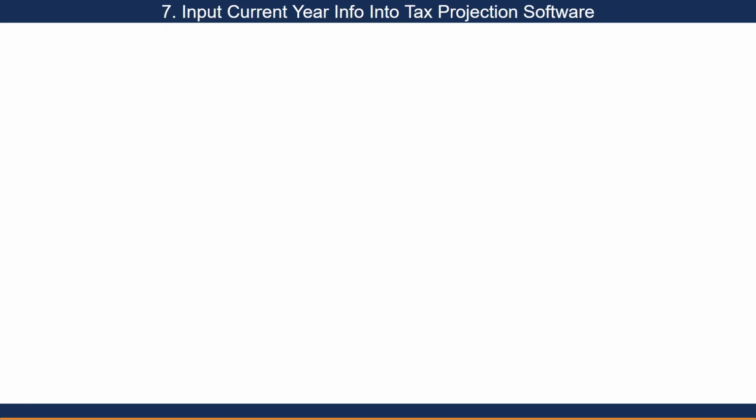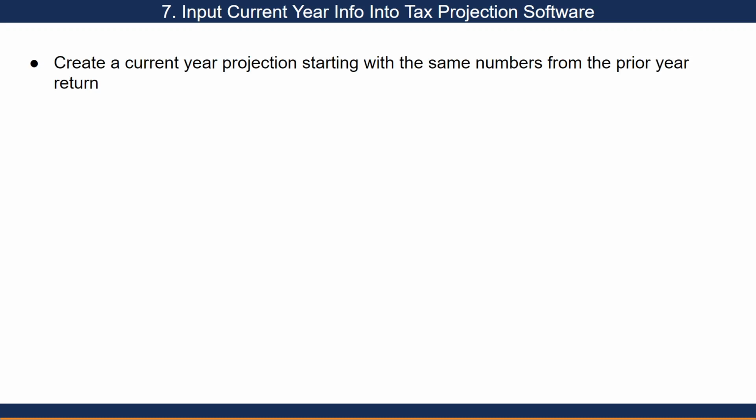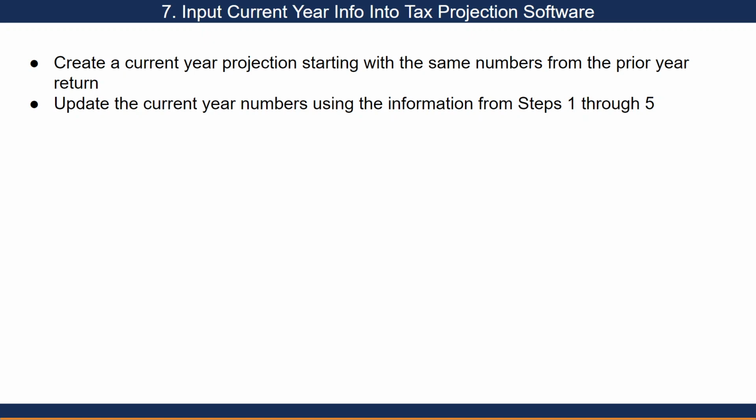And then once you have a good, solid prior year, you input the current year info into the tax projection software. So we create a current year projection starting with the same numbers from the prior year return. And then we update the current year numbers using the information from steps 1 through 5.